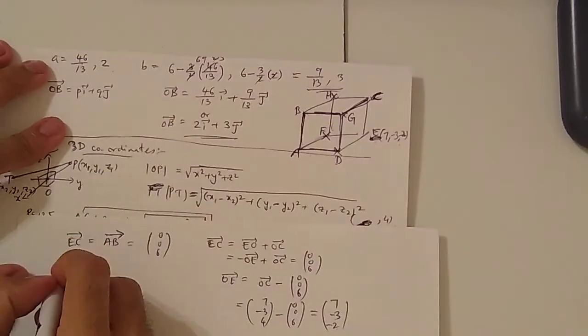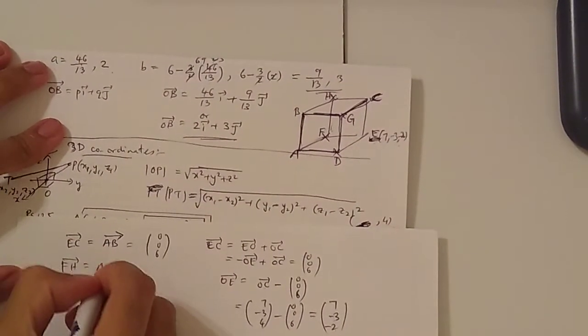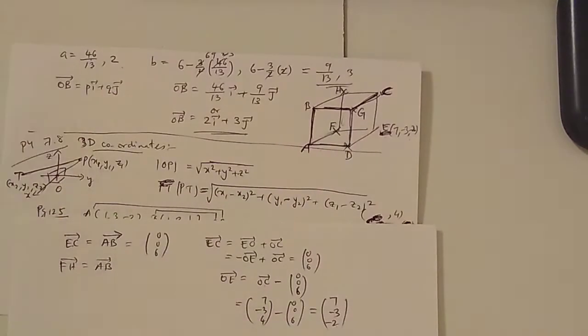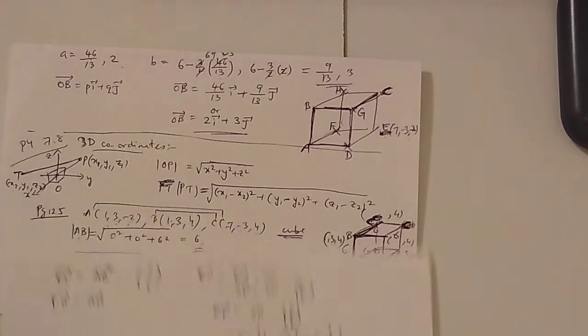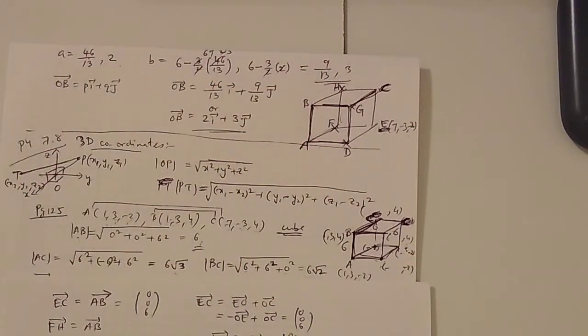FH is also equal to AB. And we did our initial deduction that F has z coordinate minus 2. Okay, what else does the question have?